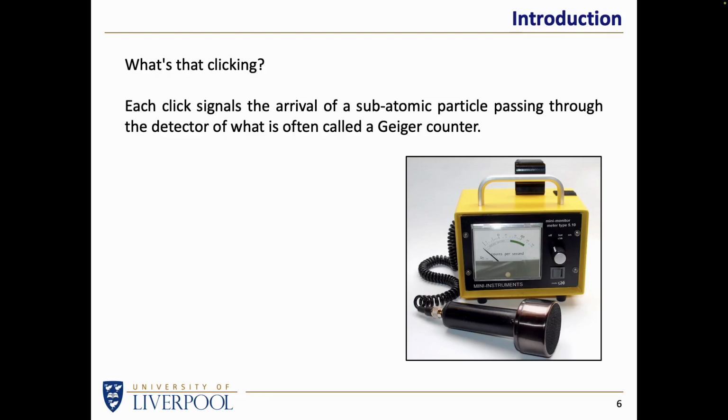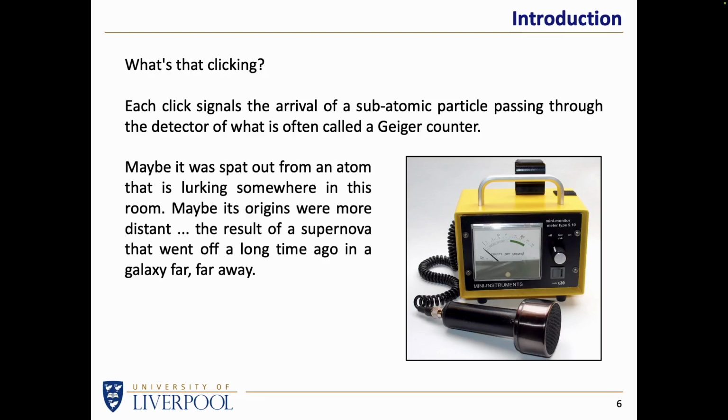Where did that particle come from? Well, it might have come from an atom that happened to be floating around in this room, a radioactive atom which spat out a particle and ended up going through the Geiger counter detector. Or it might even have resulted from particles coming out of, let's say, possibly, a supernova that went off a long time ago in a galaxy far, far away.